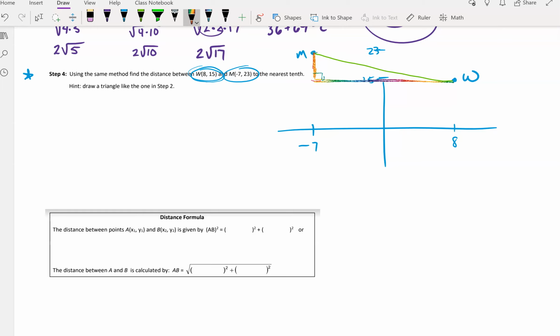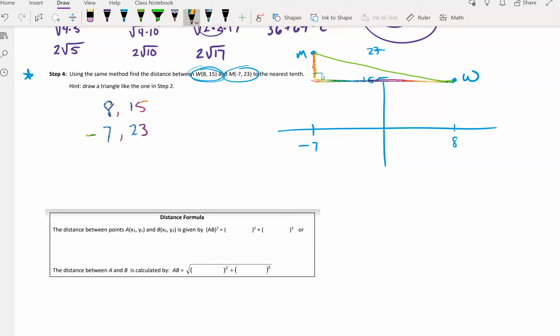Okay, so I'm going to go ahead and write these points right here, (8, 15) and the point (-7, 23). And what we can do is subtract these values. It really doesn't matter which one I put on top. I put the point (8, 15) first, the point (-7, 23) next.